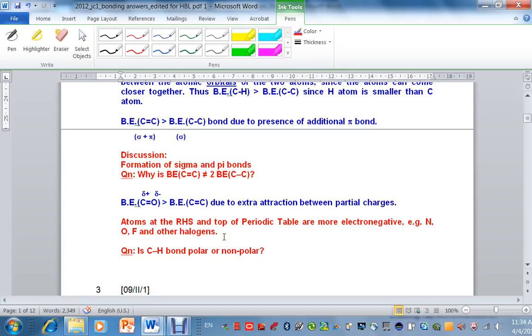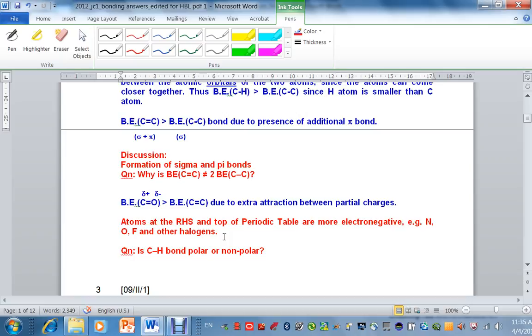You should also be familiar with what atoms are generally more electronegative. Generally, these are atoms found at the right hand side and at the top of the periodic table. Basically this part of the periodic table is where the non-metals are placed. You know that non-metals usually gain electrons to form anions, so in other words, the affinity for electrons is high.